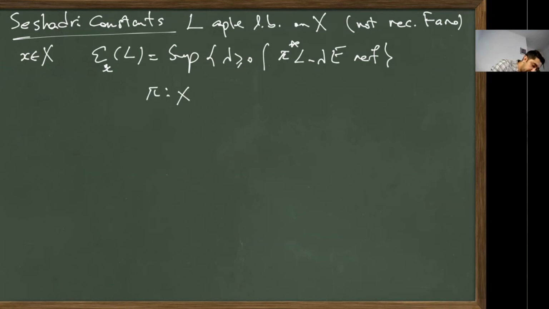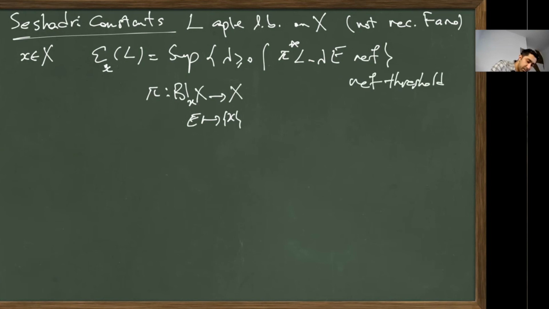Here pi is the blowup at the point x in X, and E is the exceptional divisor. If you like, the way to calculate it is this is the infimum of (C times L) divided by the multiplicity of C at x.